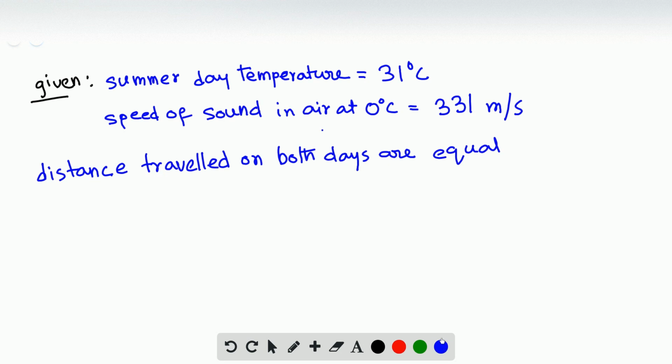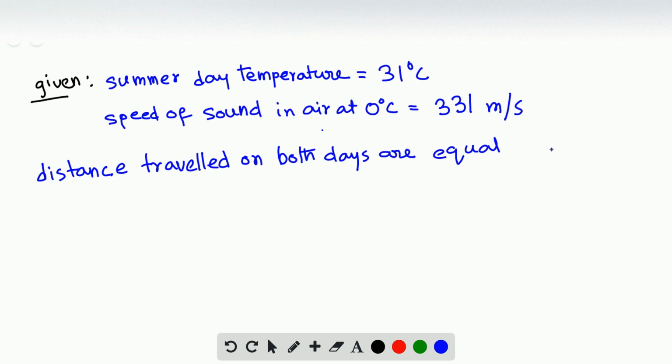Let me write small t because that will be easier to understand.